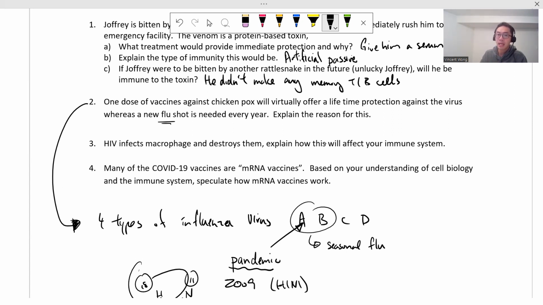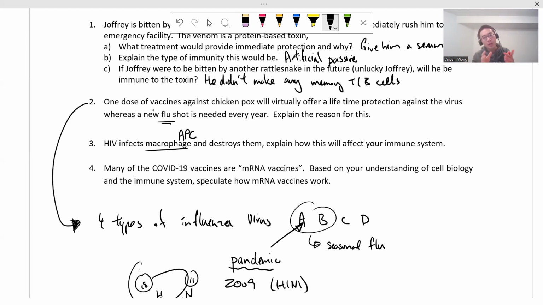Okay. So why can't your body fight it off? It's because the HIV virus specifically infects the macrophage. You remember macrophages, right? They go around and eat stuff, and more importantly, they are antigen presenting cells.